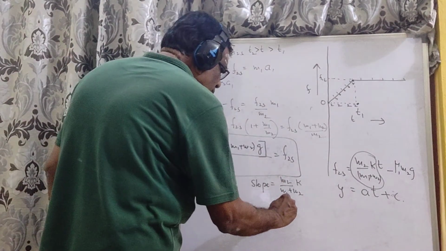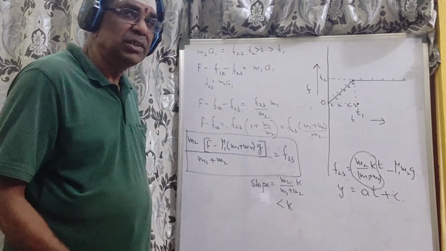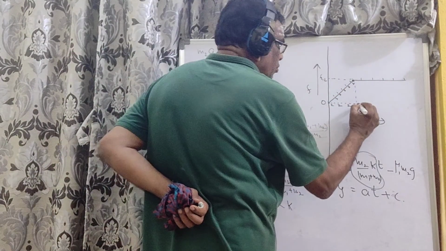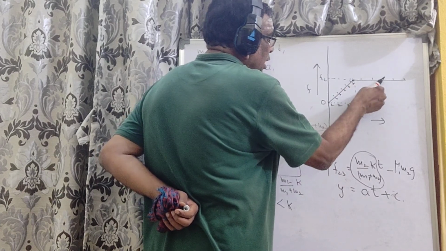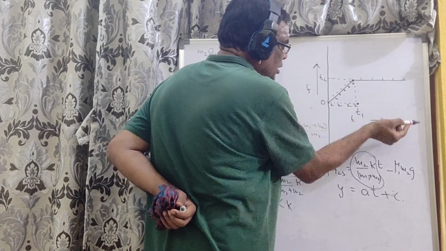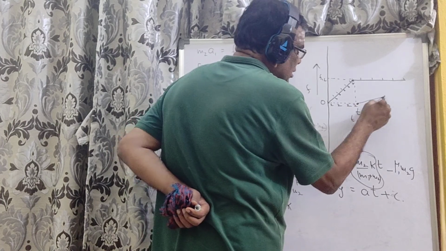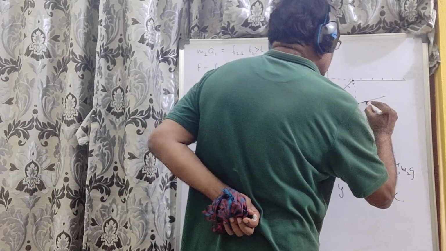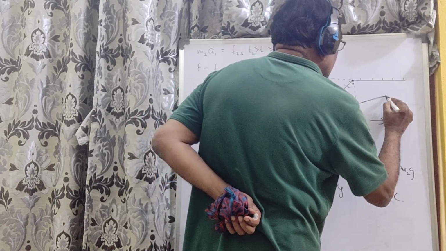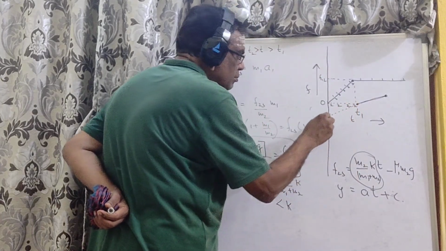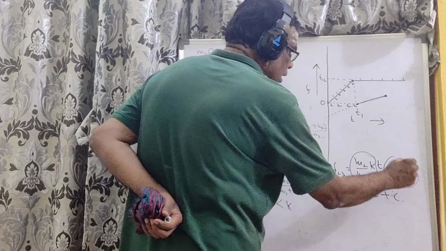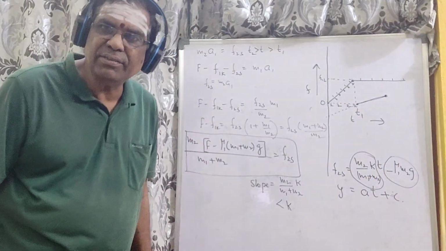So, less than K. So, when I drop from this point, this slope means it could have been like this, but it should be less than this. If I extend that, you are getting a negative intercept.